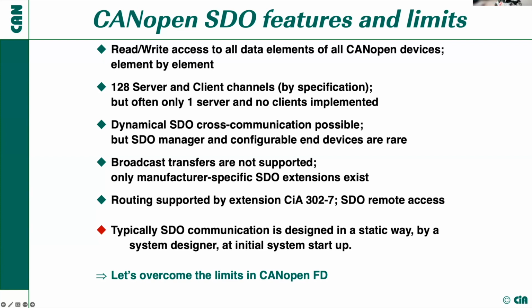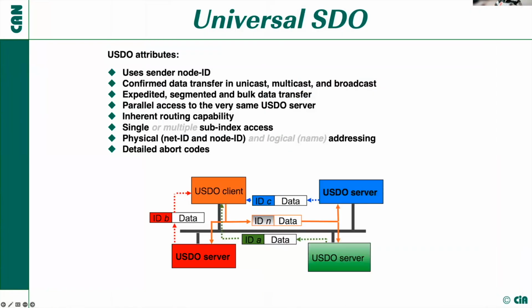This means a lot of the features have to be handled in a dynamic way. Therefore, the idea was not just to map the classic SDO to a 64-byte frame, but to modify the SDO into something that we call a universal service data object. It has the full function coverage of the SDO in classic CANopen, but in addition it is able to establish dynamic cross communication.